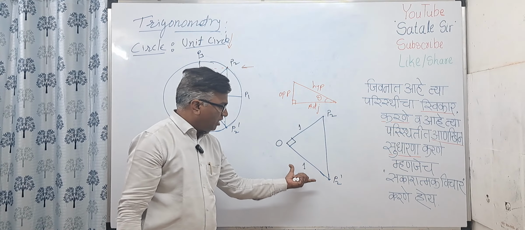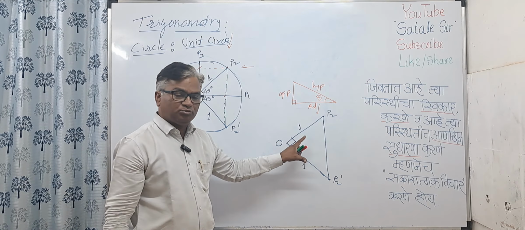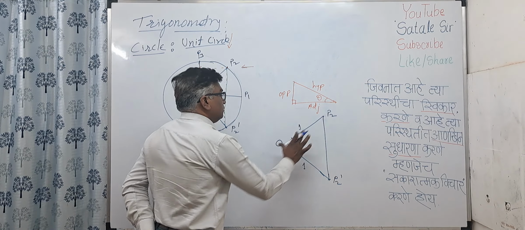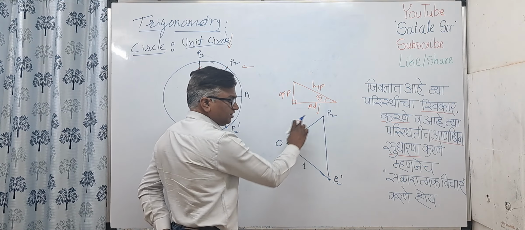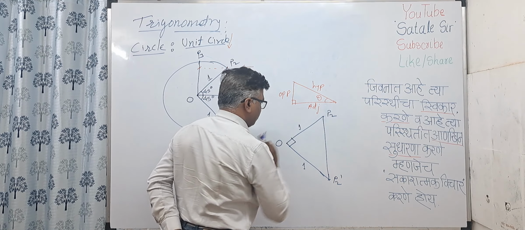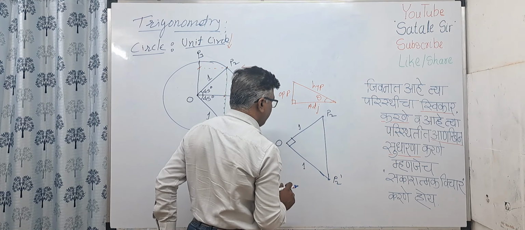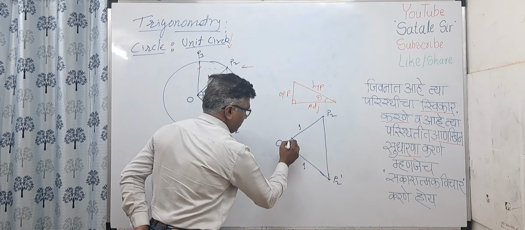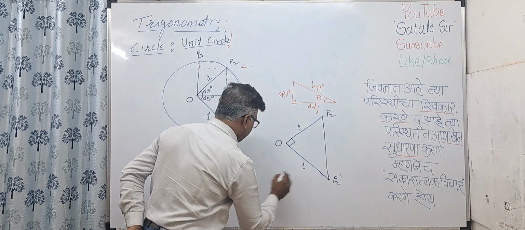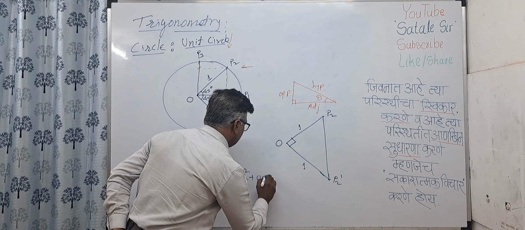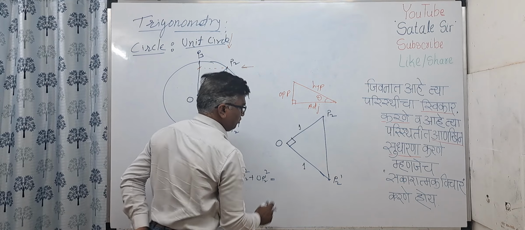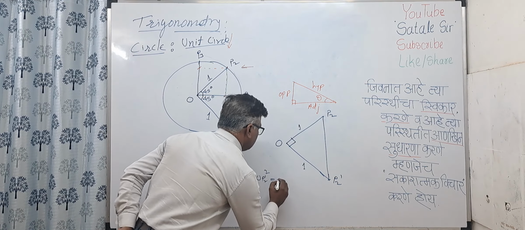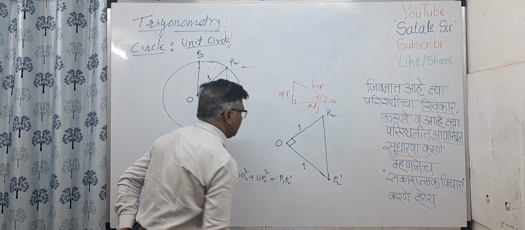Now this is a right angle triangle. If you apply the Pythagoras theorem to this triangle, what will happen? The sum of the squares of adjacent and opposite sides is equal to the square of the hypotenuse. That means OP2 square plus OP2 dash square will be equal to P1 P2 dash square.